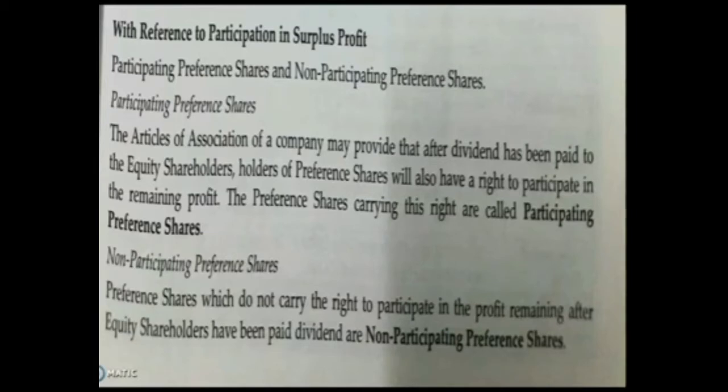If any amount is left after all the distribution, that will again be distributed to the participating preference shareholders. That is a right which they receive. So preference shares carrying this right are called participating preference shares.